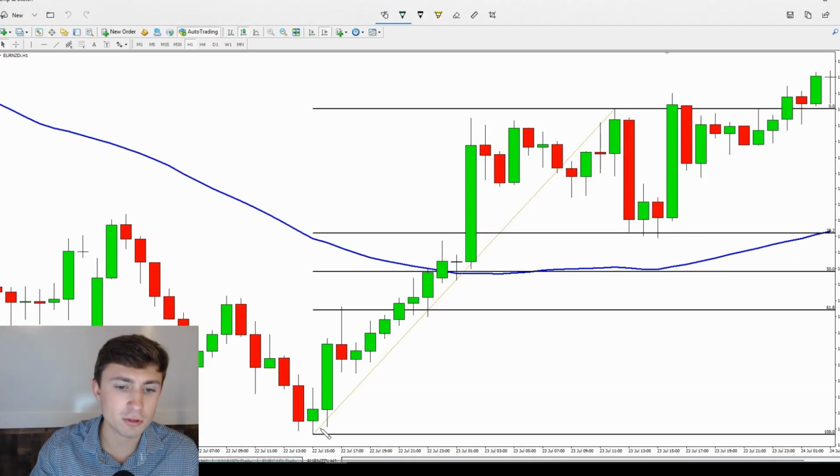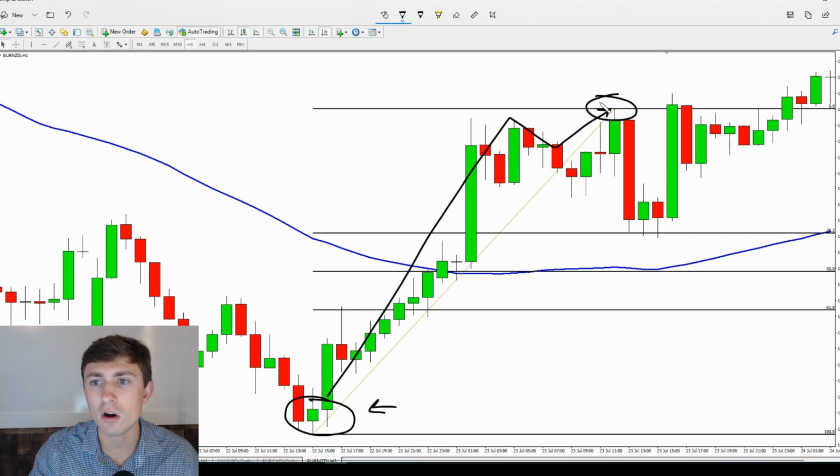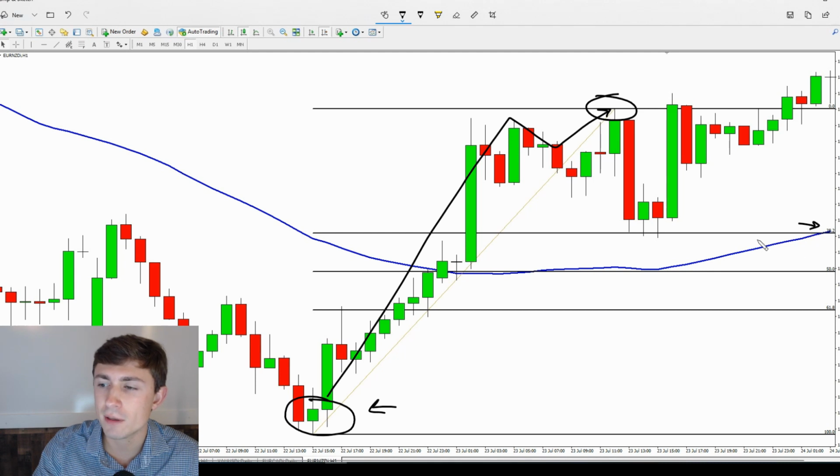Here's the start of our trend, and the finish, we trended all the way up to this point. So from start to finish, we drew our Fibonacci tool from low to swing high. And take a look at this. We pulled back to the 38.2% level retracement, found a bounce on that area perfectly, and continued higher.